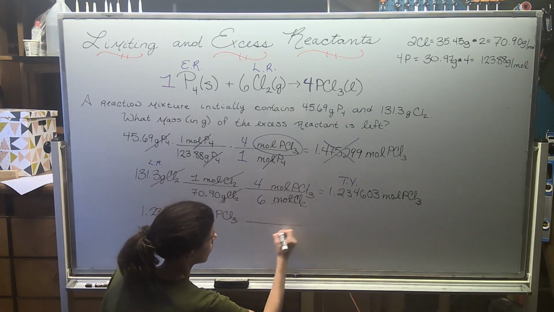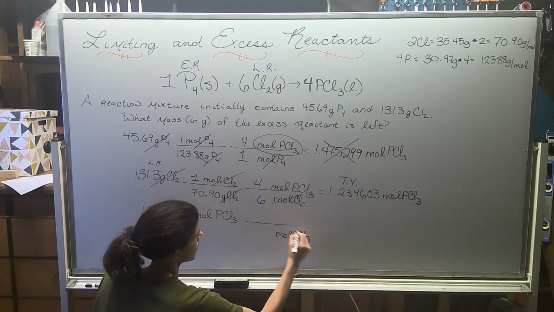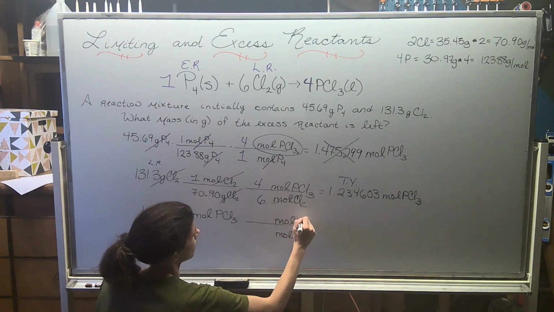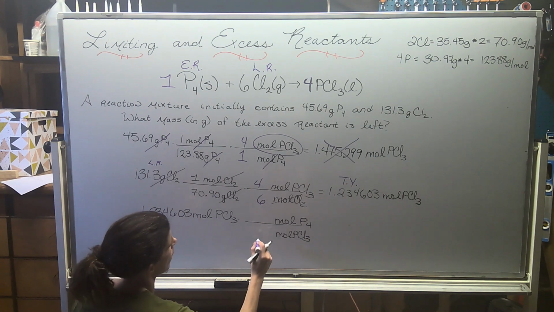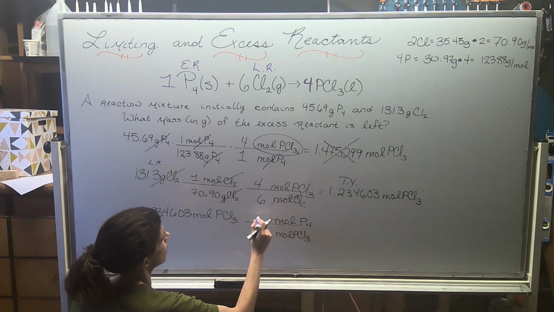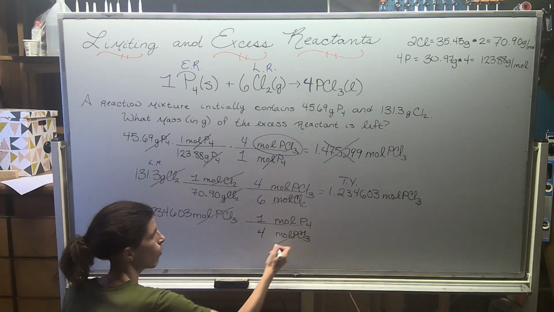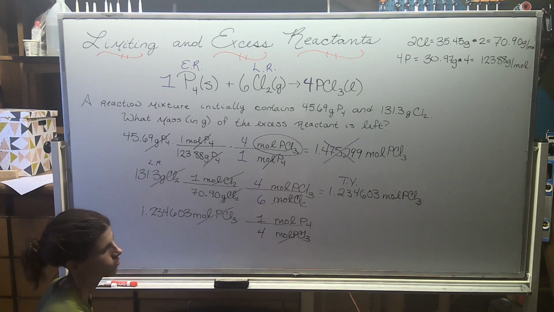I want to get rid of moles of PCl3, and I want to turn it into moles of P4, my excess. I'm going to grab my conversion factors. So I have a 4 down here and a 1 up here. At this point, I would have how many moles of P4 I used.